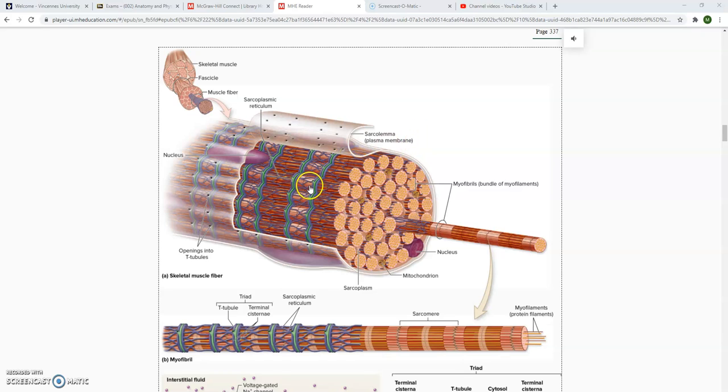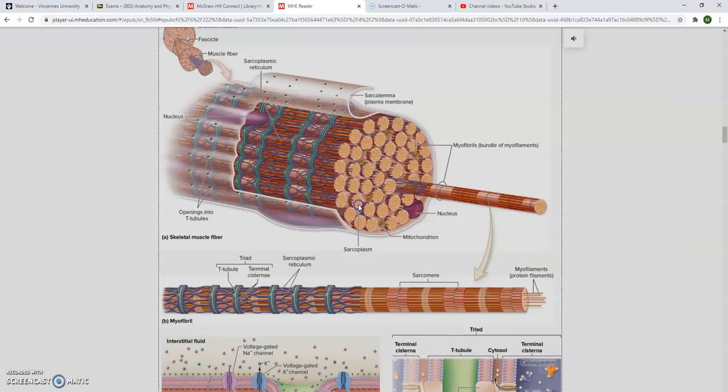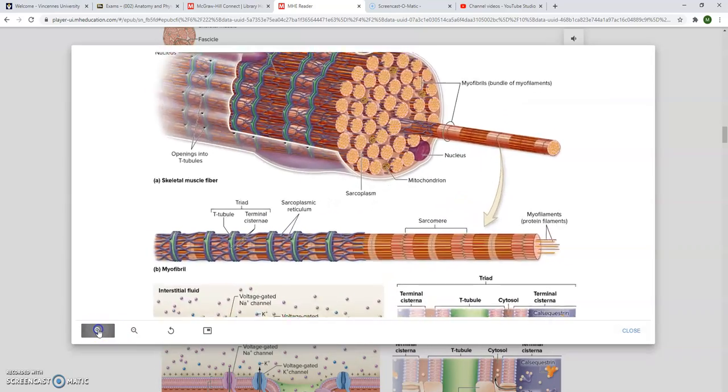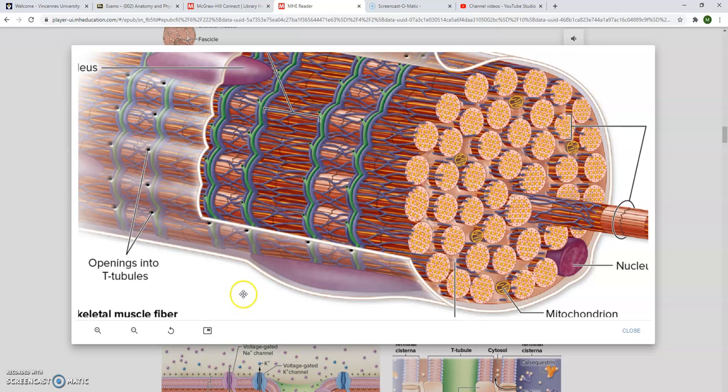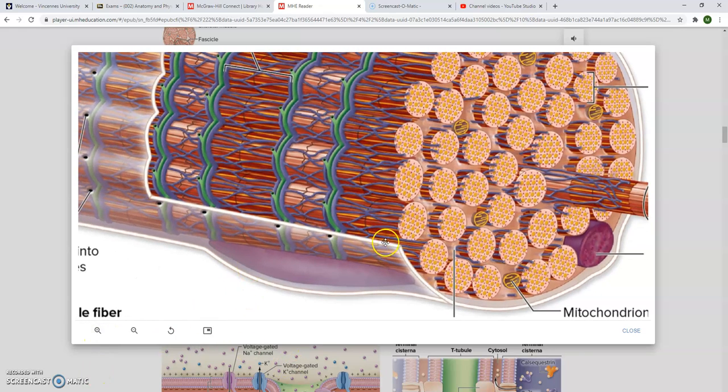And then if you notice, it's a little hard to tell, but I'm going to see if I can zoom in on this, see if it'll show. So hopefully you can see that our sarcolemma has holes in it. So there's a hole there, there, there.